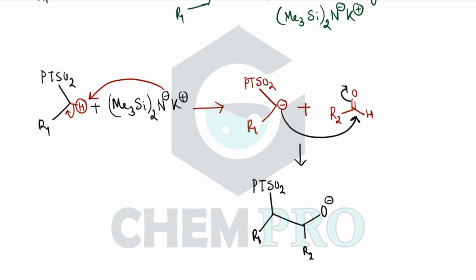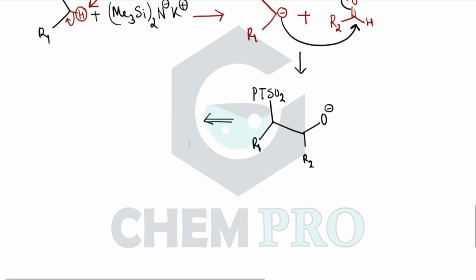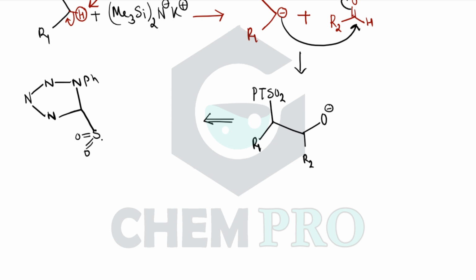Now we can write this in the elaborate structured form, that is the tetrazole structure, N, N, N, here it is N, Ph. Here it is the sulfur, double bond O, double bond O, and now here R1, R2, and here we have the O negative part.